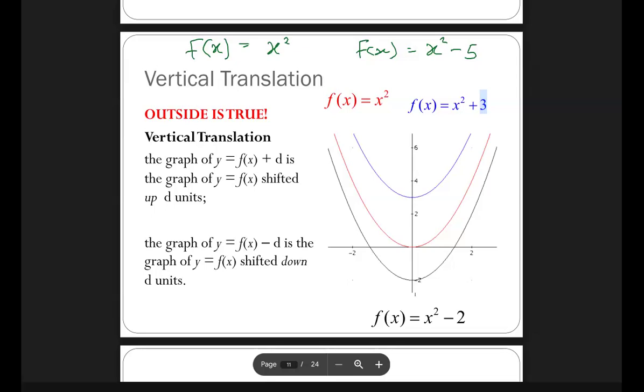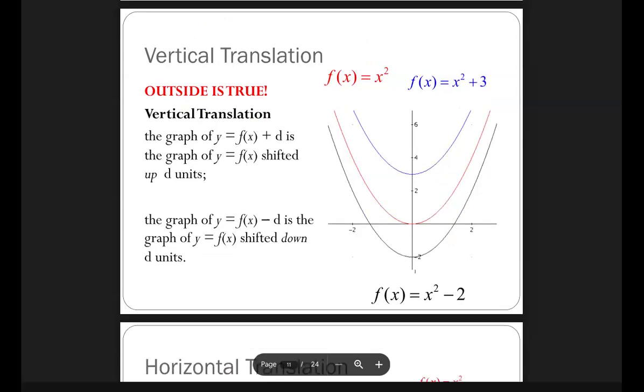Between those green things I wrote, it was x squared before, it's now x squared minus 5. Yeah, so then you have to go 5 steps down. Because it says minus 5, it goes down. If it's positive, it goes up. Is it okay? Yes.